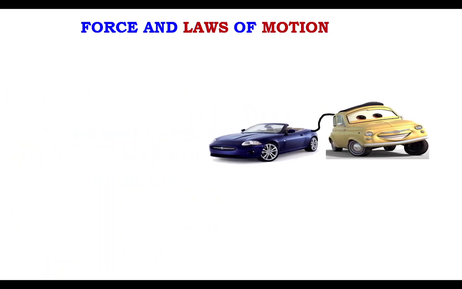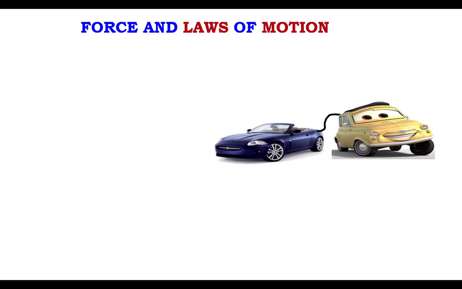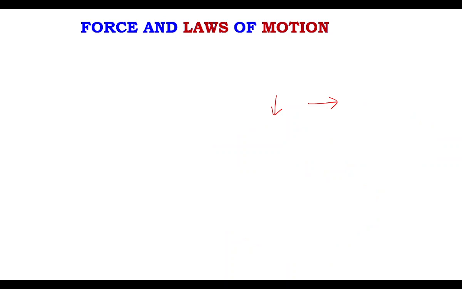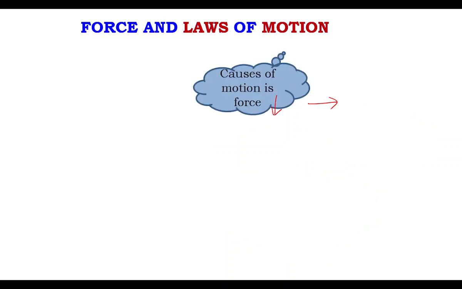Now you can see here 2 cars are tied together and it's towing that car. That means it is pulled by that car. So this car is pulled by the yellow one on this side. So that means pull is also a force. If it's pulling, that means it's a force. So in both the examples we have seen that push or pull has been applied here, right?